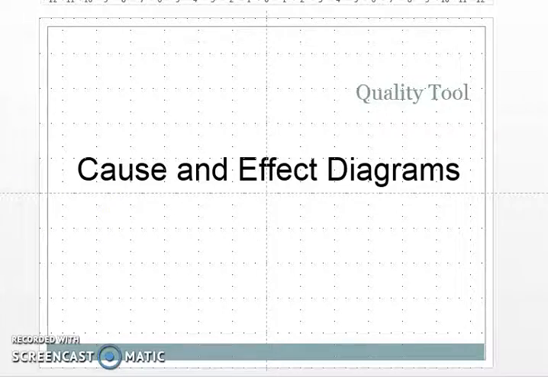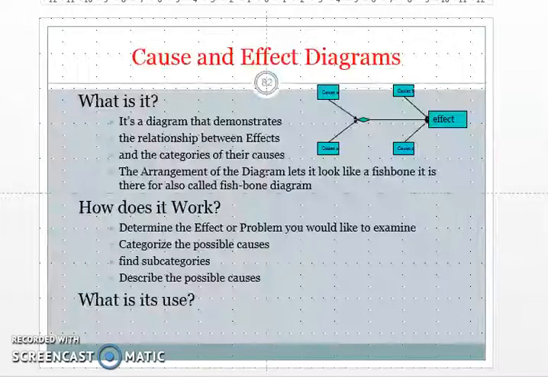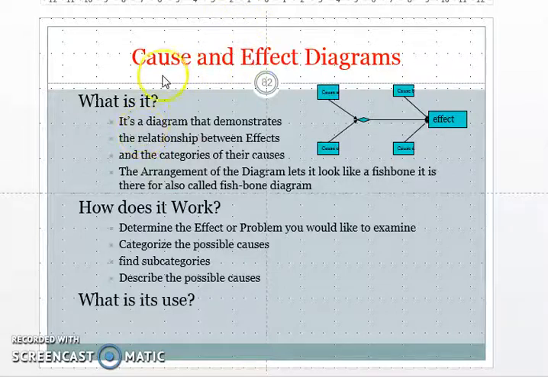Okay, just we will see here the cause and effect diagram. This is the effect and these are the different causes, and as its shape looks like a fish bone, that's why it is called a fishbone diagram.